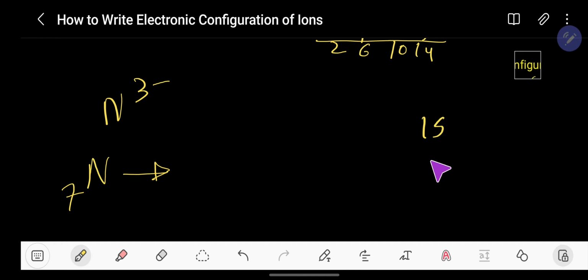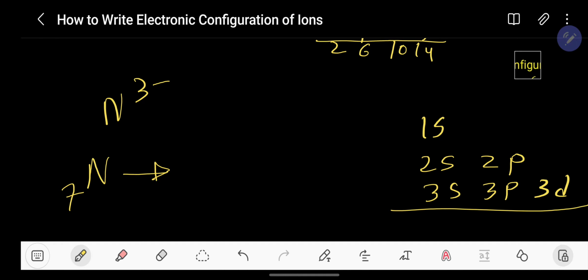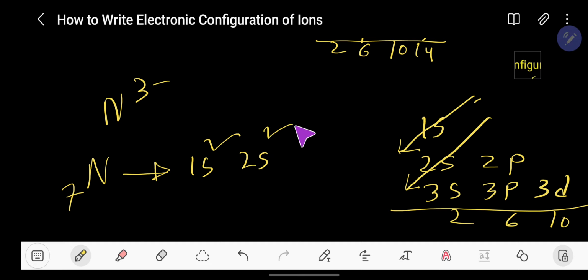So we can write like this: 1s, then 2s 2p, 3s 3p 3d. s can hold maximum 2, p can hold 6, and d can hold 10. Now 2 electrons will go here, 1s2, we have 7 electrons, then 2s2, then 2p, 2 4 3. p can handle 6, so we need 3 here to add up to 7. So 2, 4, 3, 7 electrons for nitrogen.